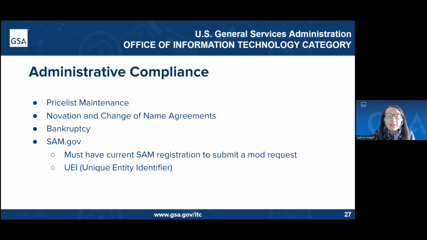You must have a current SAM registration in order to submit a modification request on your multiple award schedule or MAS contract. And I'll also note that SAM fairly recently switched over from DUNS numbers to UEIs, unique entity identifier. So within SAM, each entity should have its own UEI. Next slide.